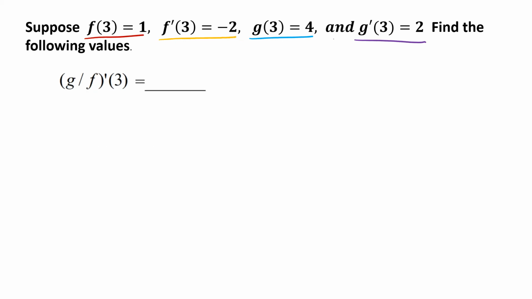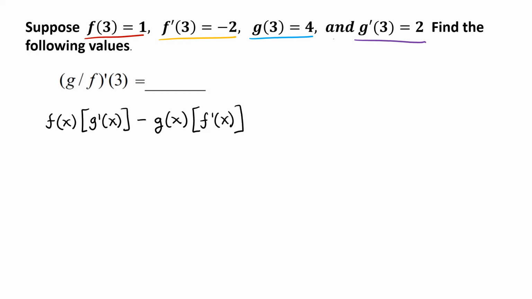Now we have a problem that's very similar to the last one, but instead of having f over g, we have g over f. So we have low, which is f of x, d high, which is g prime of x, minus high, d low, so that's high is g of x, d low is f prime of x, all over low low, so all over f of x all squared.